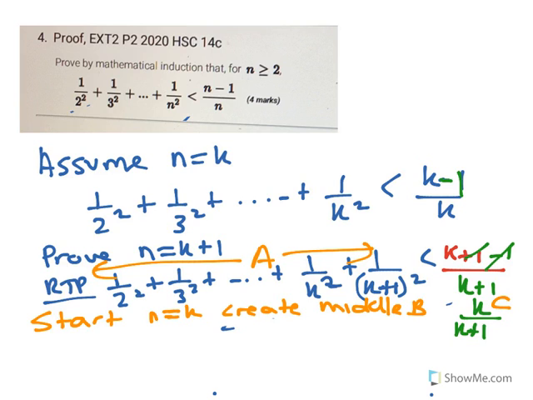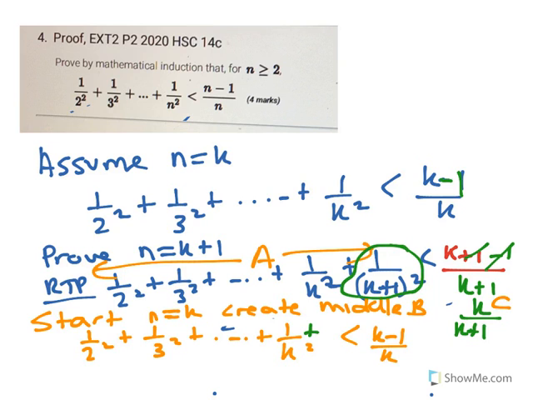So we're going to create a middle term, which is b, but we're going to start with this. 1 on 2 squared plus 1 on 3 squared plus 1 on k squared is less than k minus 1 on k. Now, if I want to create that left-hand side, the only extra thing it has is if I add in 1 on k plus 1 squared. Now, if I do that to the left-hand side, I need to do it to the right-hand side, otherwise it's actually going to change the expression.